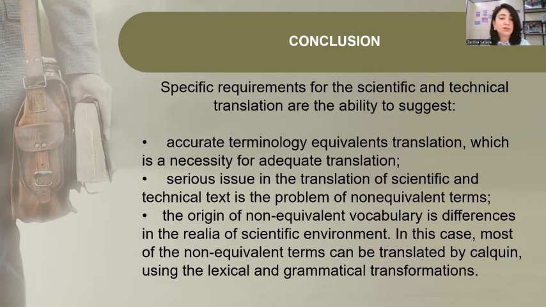A serious issue in the translation of scientific and technical text is the problem of non-equivalent terms, and the origin of non-equivalent vocabulary is differences in the reality of the scientific environment. In this case, most of the non-equivalent terms can be translated by calquing using lexical and grammatical transformations.